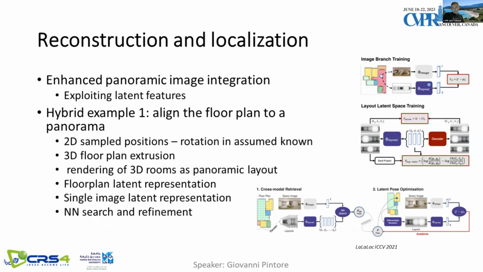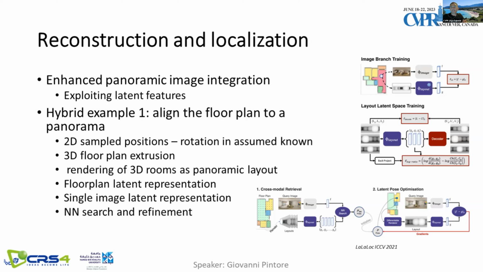So we know that we have a floor plan like the one we have seen in the previous methods, recovered from sparse or dense correspondences, but from here it is also easy to extrude a 3D layout, mostly applying the priors we have seen before.